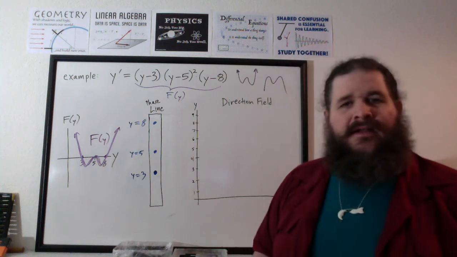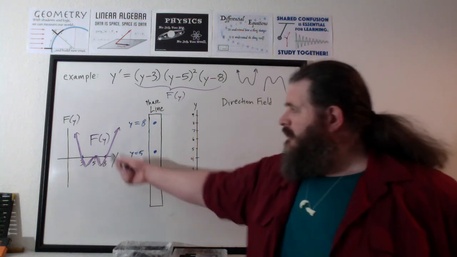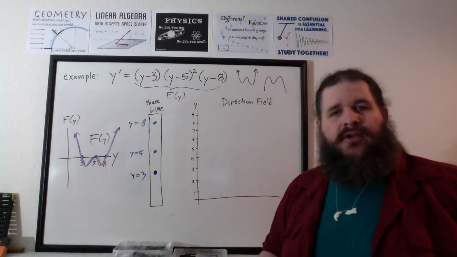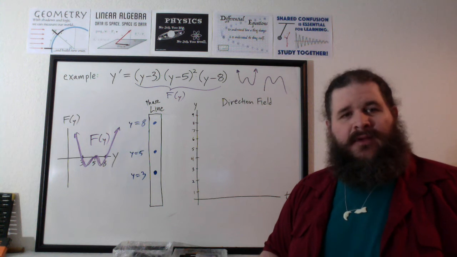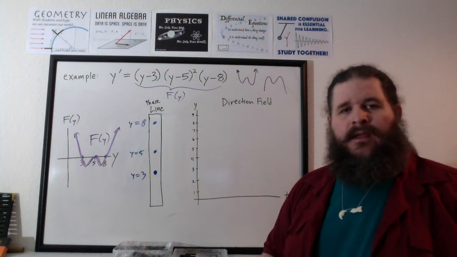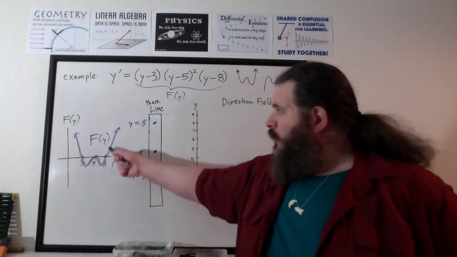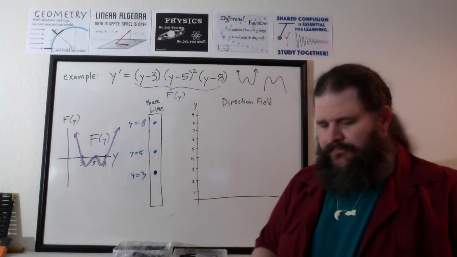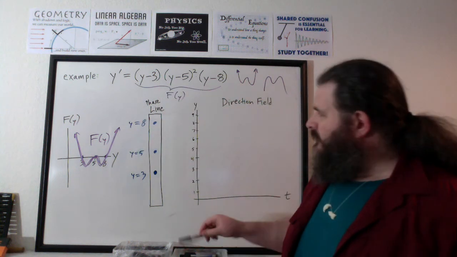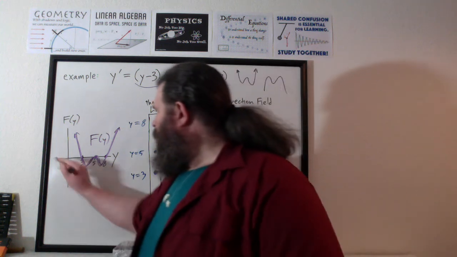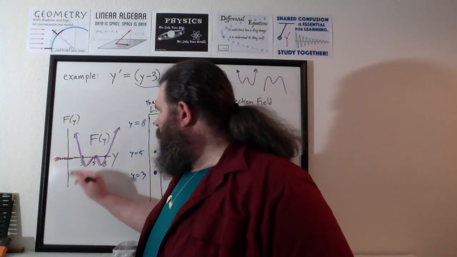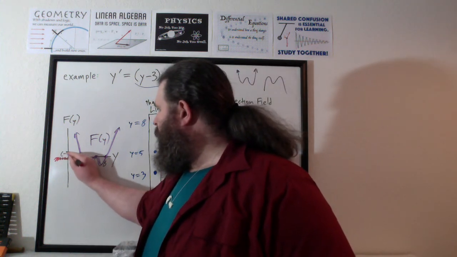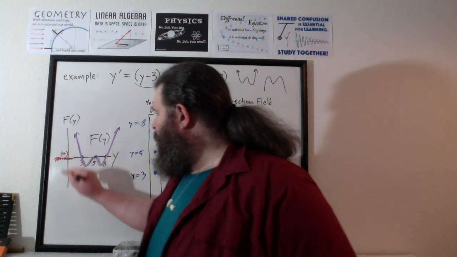And if you want more detail, if you want to know how steep it goes, or how deep it goes, or how high it goes, you can graph that on a graphing calculator or plug in some numbers and get more detail. But the important thing is we now know where f of y, that is the value of y prime, is positive versus negative. So we can parcel this out into zones.